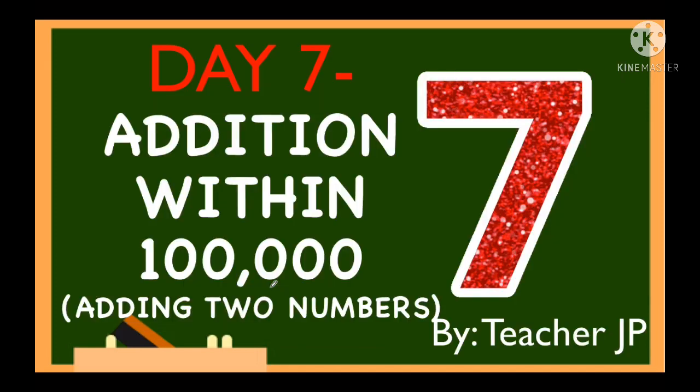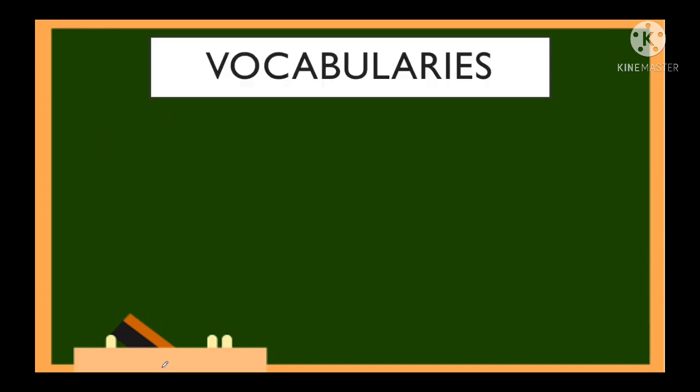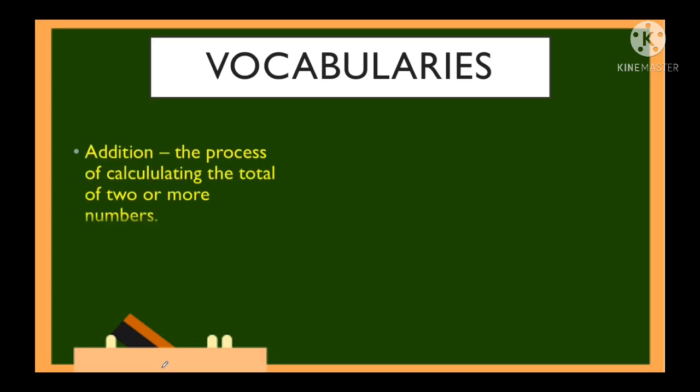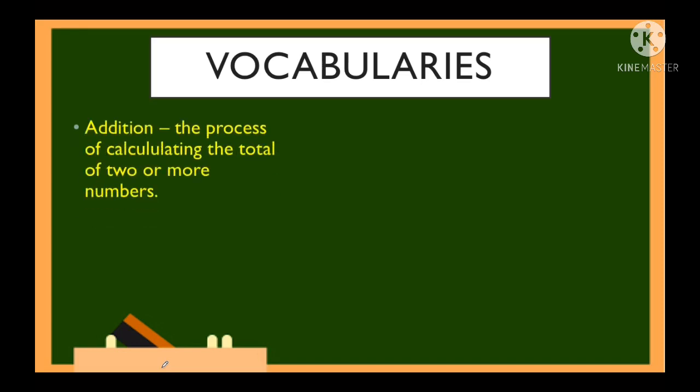Okay. So we're about to start our day 7, Addition within 100,000. So, we have here some vocabularies first. We have here the word addition. What is addition? Addition is the process of calculating the total of two or more numbers.